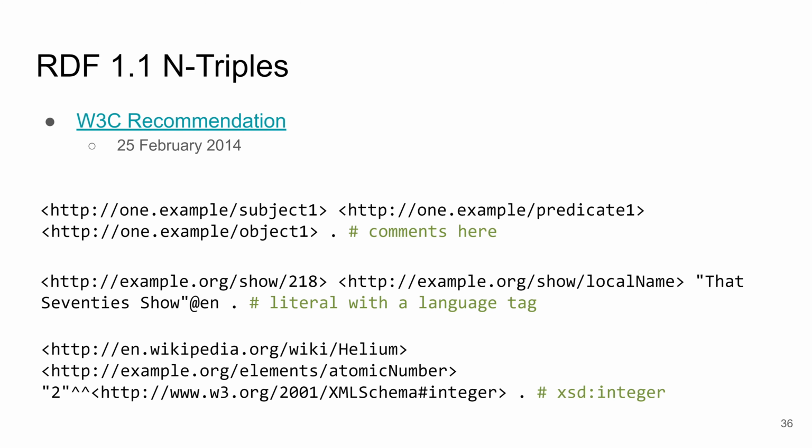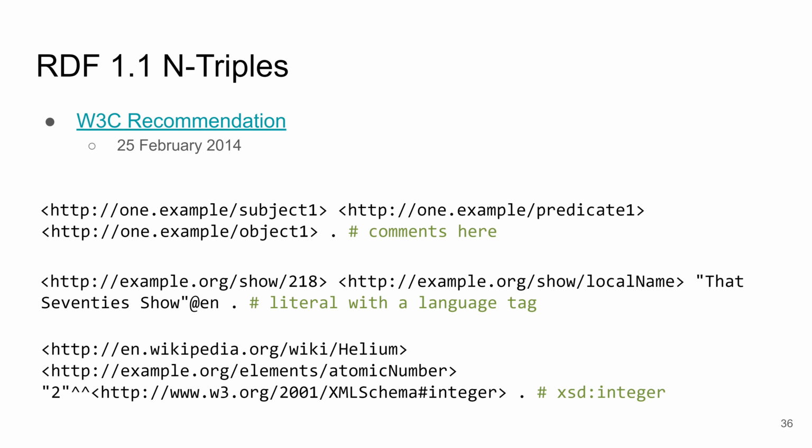This means that in the sharp brackets, you'll have IRIs, basically three IRIs representing the IRI of the subject, the IRI of the predicate, and the IRI of the object, and then a dot. And there is one luxury, and that is that you can have comments in NTriples, and the comments use the hash symbol.